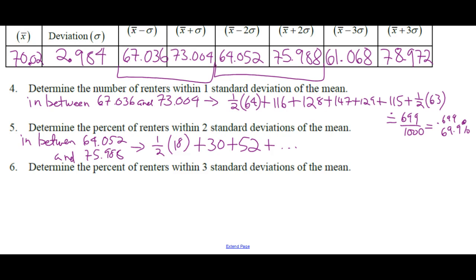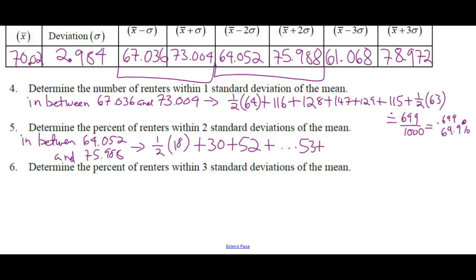Why did you turn it into a percent? Well, if we say 699 renters, that doesn't really mean much to us. If we change numbers to percents, it's like saying you got 24 out of 30 on the test. I think that's pretty good, but if I express that as a percentage, oh yeah, that's good.